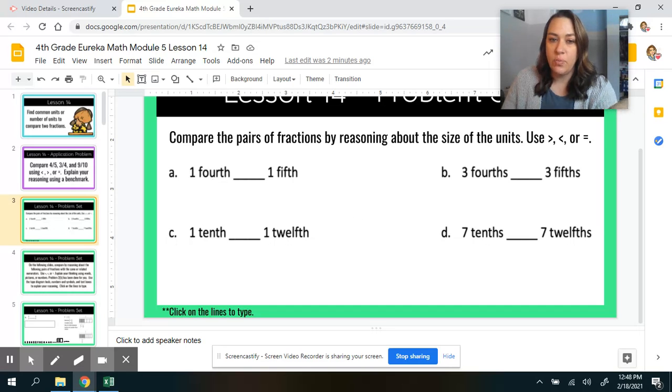So just to get started, we want to make sure we understand that if I have 1/4 and I have 1/5, which one is greater? Think about when I cut a pie into 4 pieces and then I cut another pie into 5 pieces. Which piece is going to be larger? My larger piece is going to be the 1/4 because I had to cut that same whole into fewer pieces.